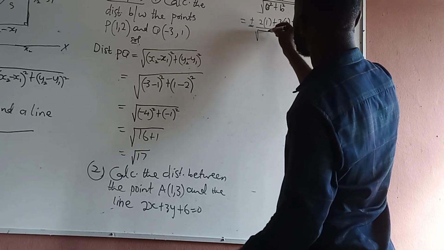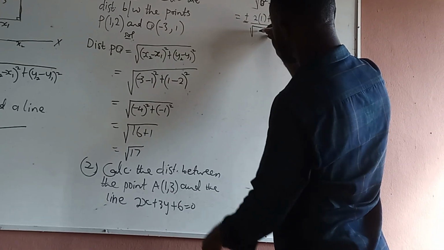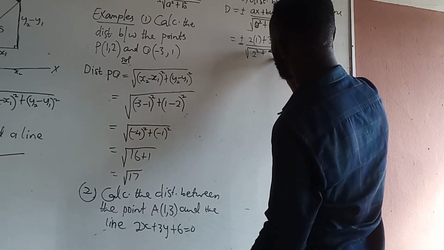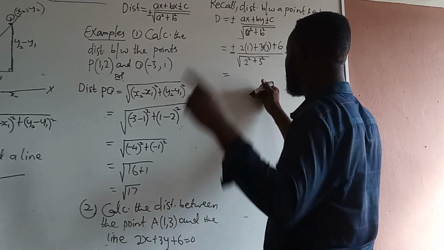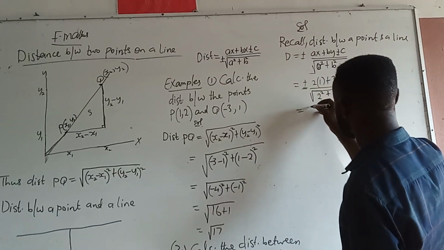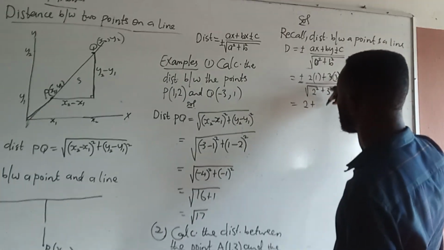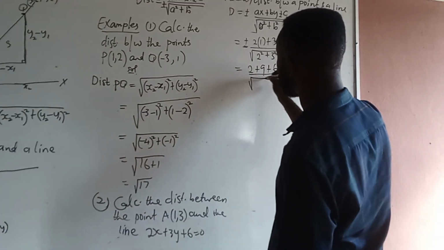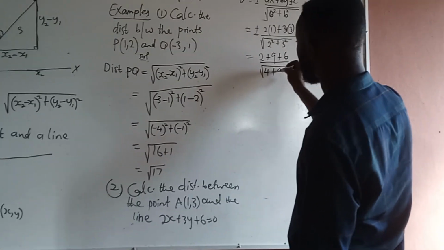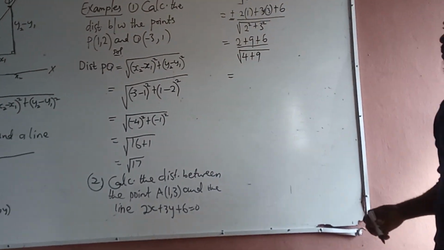of what? Square root of 2 squared plus 3 squared. That gives us 2 into this is 2, 3 here is 9, plus 6, divided by square root of 4 plus 9. Check it out.